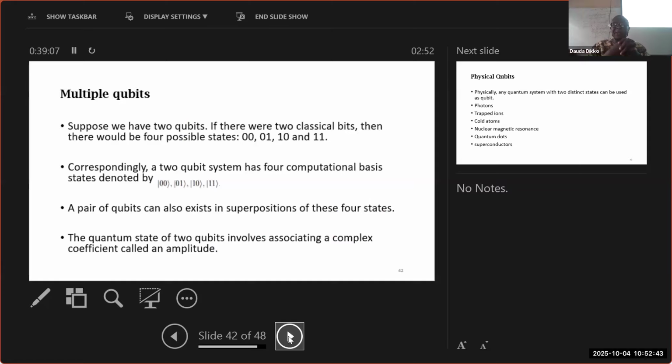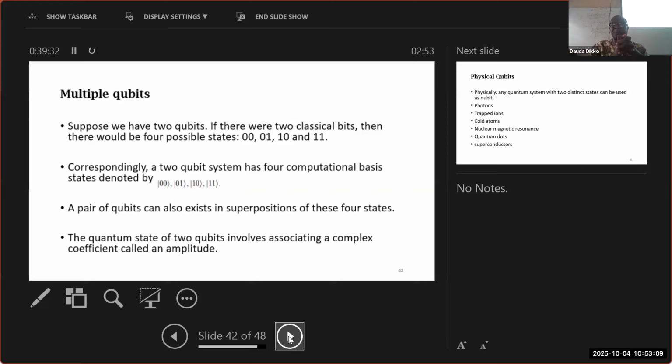So just like you have a logic gate, you can also have multiple qubits. Just like you have 2 classical bits, it is also possible to have multiple qubits. For a single qubit, the possible states are 0 and 1.